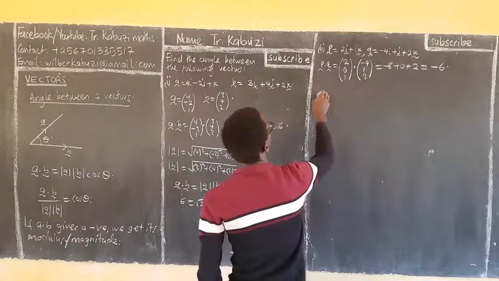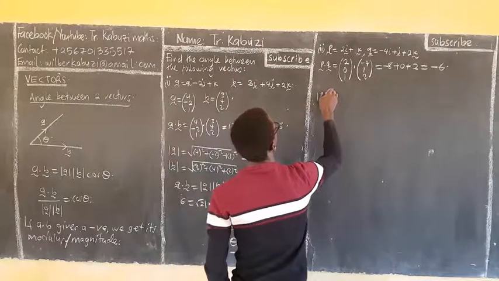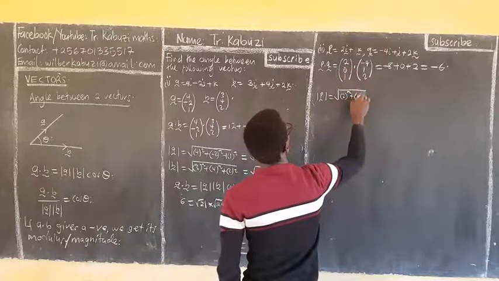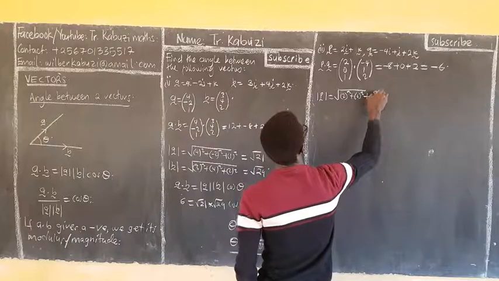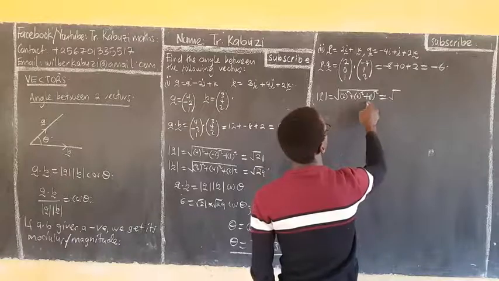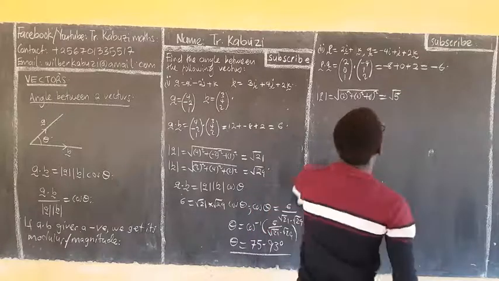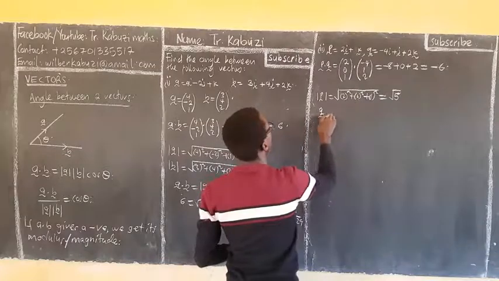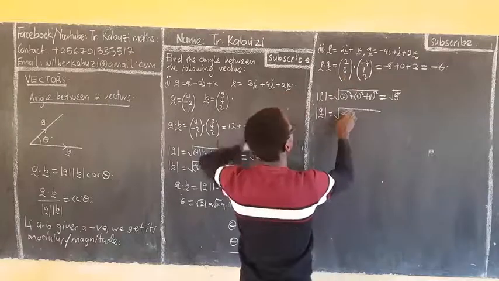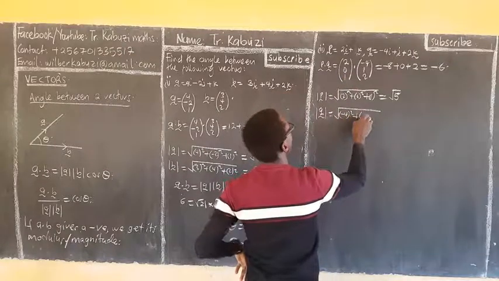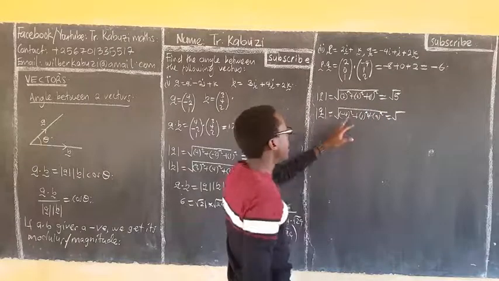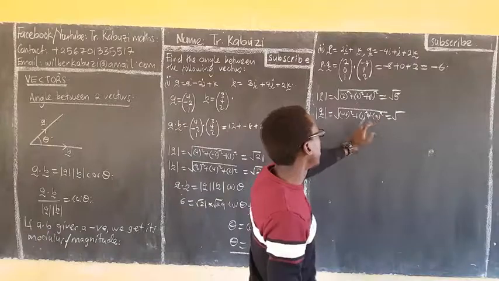Now the modulus of P is the square root of 2 squared plus 0 squared plus 1 squared, which is 4 plus 0 plus 1, giving root 5. The modulus of Q is the square root of negative 4 squared plus 1 squared plus 2 squared, which is 16 plus 1 plus 4, giving root 21.